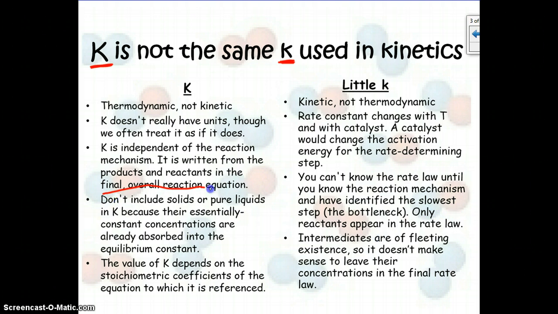Here, products and reactants appear in the equilibrium constant, big K, but we don't include solids or pure liquids, only gases and aqueous. The value of big K depends on the stoichiometric coefficients of the equation to which it's referenced, whereas little k is based on the slowest step of the mechanism. With little k, intermediates do not matter, so you don't even leave their concentrations in the rate law. So that's a little compare and contrast. Understand they are not the same, they are different.